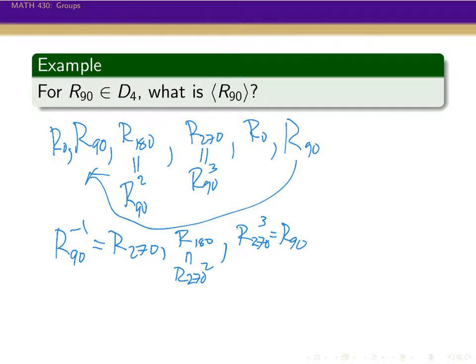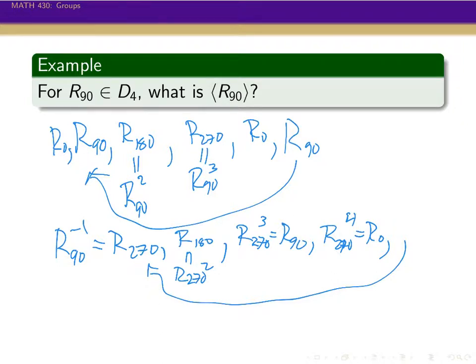And then if we raise it to the 4th power, we can work this out. R270 to the 4th, if we work this out, we get back R0. And then to the 5th power, it would cycle back to R270 again. So the powers of R270, the powers of the inverse, also just give us all these rotations.